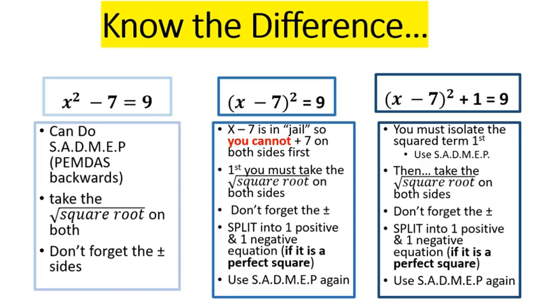So pause the video. I highly suggest that you copy down this slide in its entirety, because I can guarantee on assessments, you will see at least two of the three types, if not some variation of these in your work. So pause it and copy it.